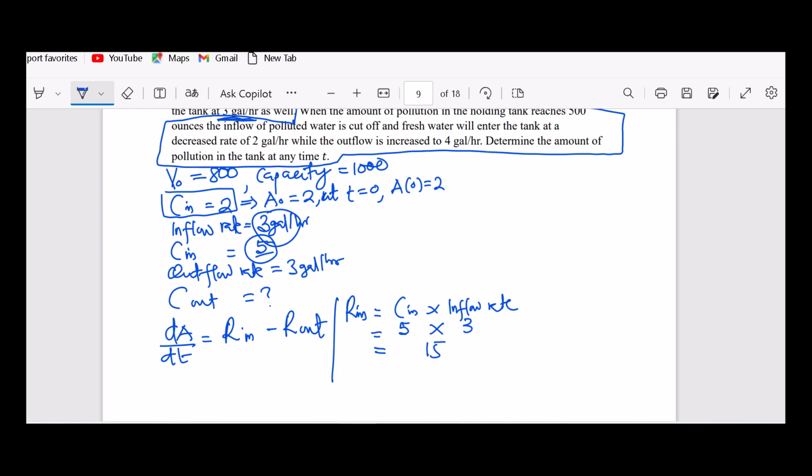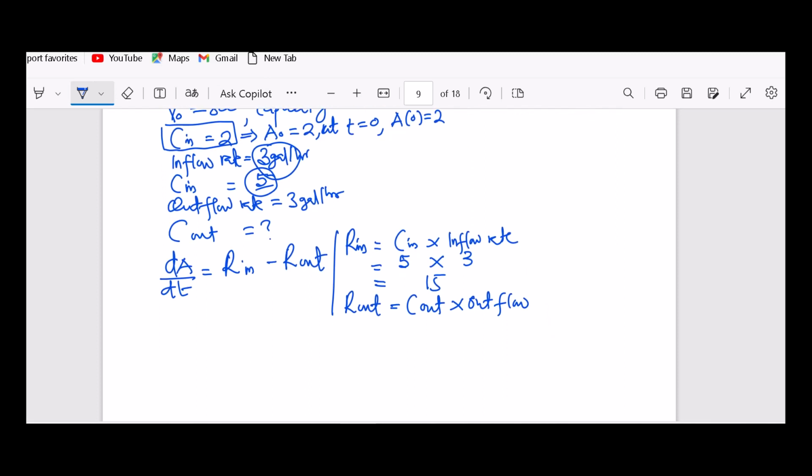Now the rate out is equal to C out, that's concentration out, times the outflow rate.